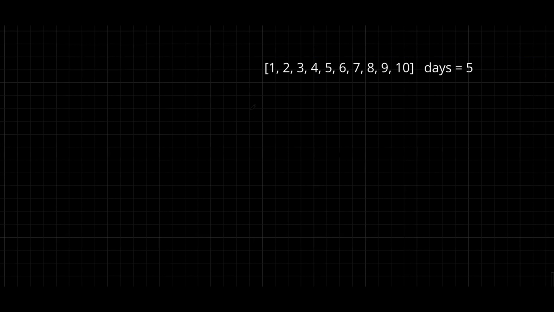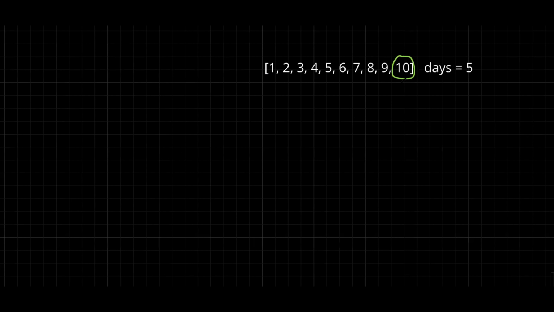In the binary search algorithm, we need 2 pointers, left and right. The ship capacity must be at least the maximum weight. Here in this problem, the maximum weight is 10. So the ship capacity must be at least 10.